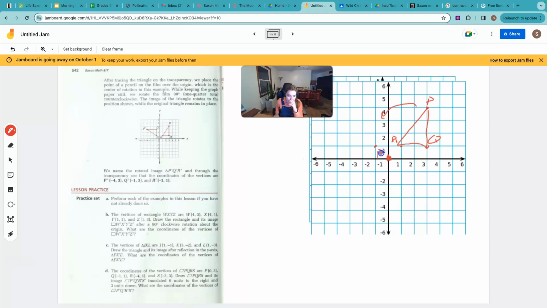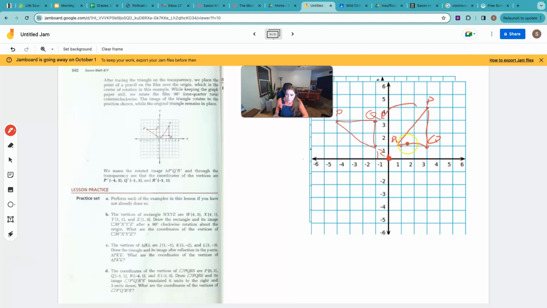So we're rotating it 90 degrees. R over on the other triangle was 2 units away from Q, right? So Q would be 1, 2, right here. Q. And then we know that P was 3 up from Q, right? So we'd go 1, 2, 3. And there's the rotation of our triangle across the origin.